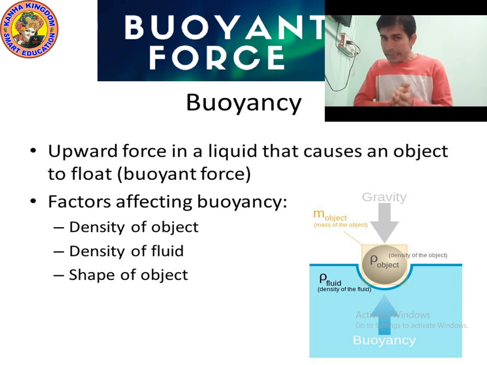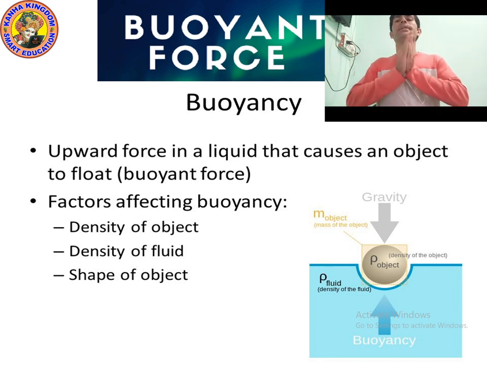When the density increases, the object will sink. When the density decreases, the object will float. If the density of the object is more, it will sink. If the density is less, it will float.